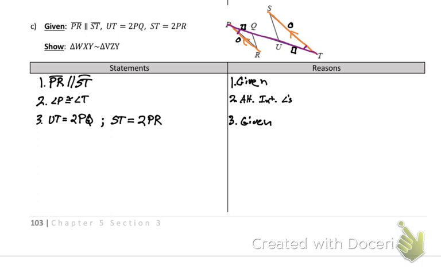So right now is our time to show that these sides equal a particular scale factor. What I'm going to do in step 4 is say that 2 is my scale factor by doing something like this. I'm going to say UT over PQ equals 2. I'm saying that those two sides divided equal my scale factor of 2.